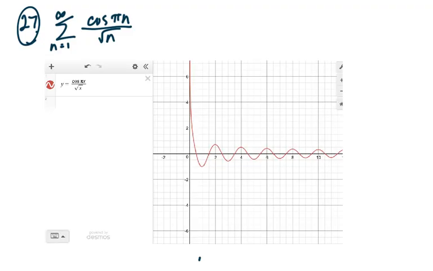Okay, so if you look at this graph, it is definitely alternating. It goes back and forth between positive and negative. And so it is not decreasing, so you cannot use the integral test.